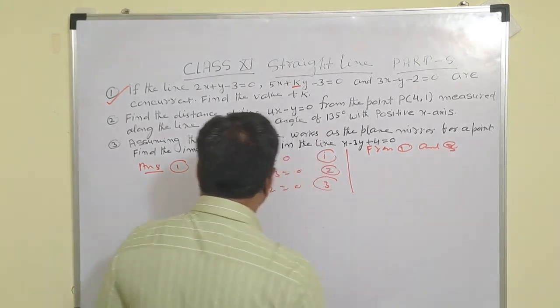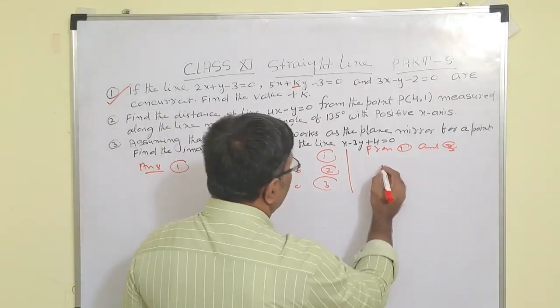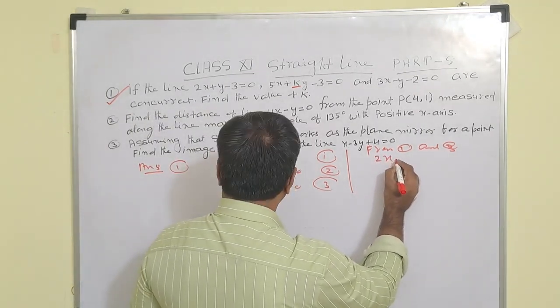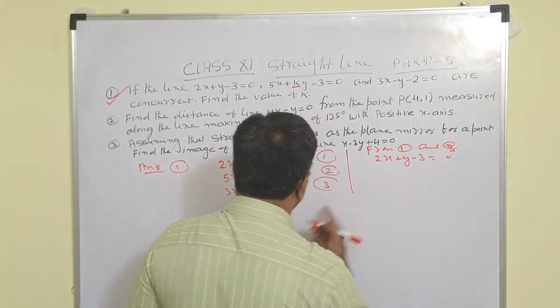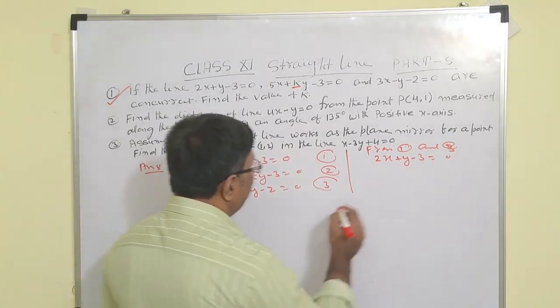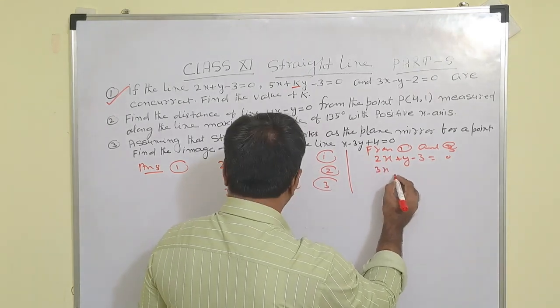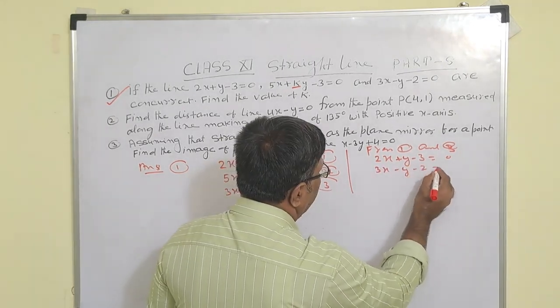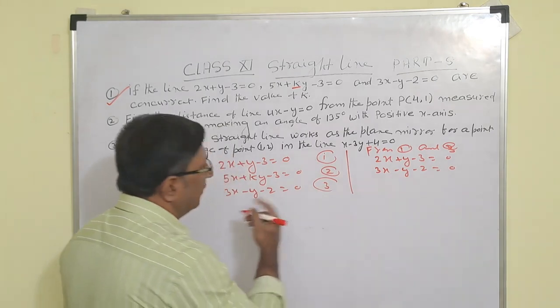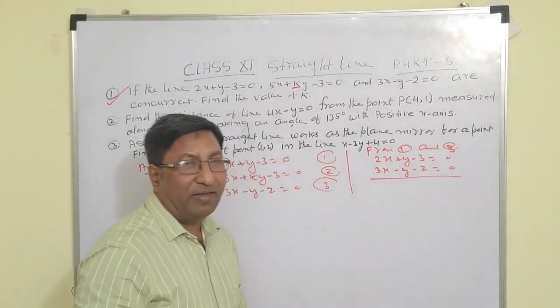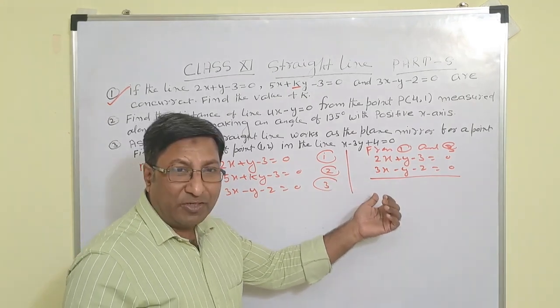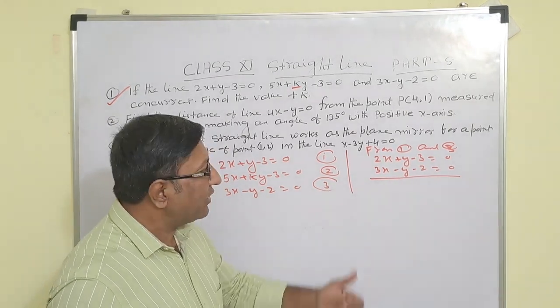So if we solve the first and third equations, 2x plus y minus 3 equal to 0 and 3x minus y minus 2 equal to 0, we can solve by any method: substitution, elimination or cross method.